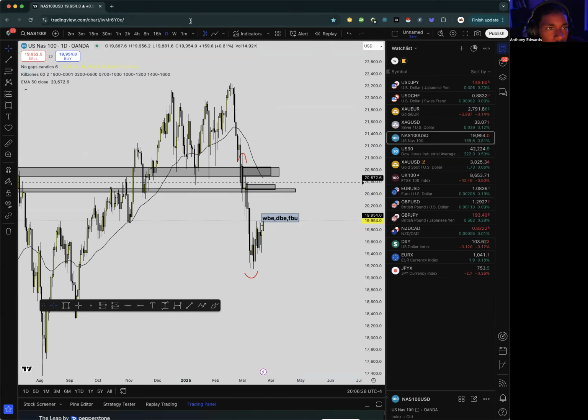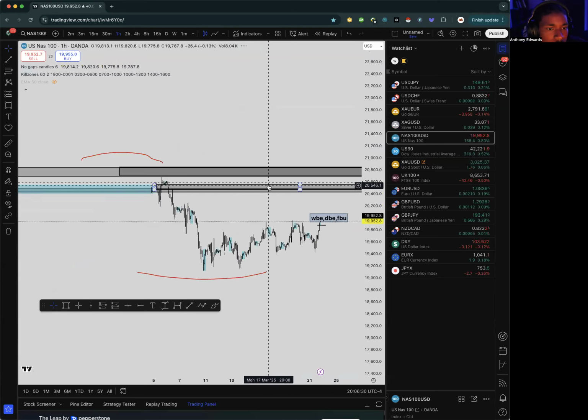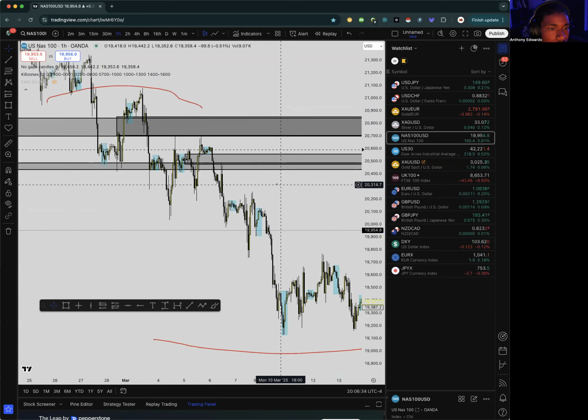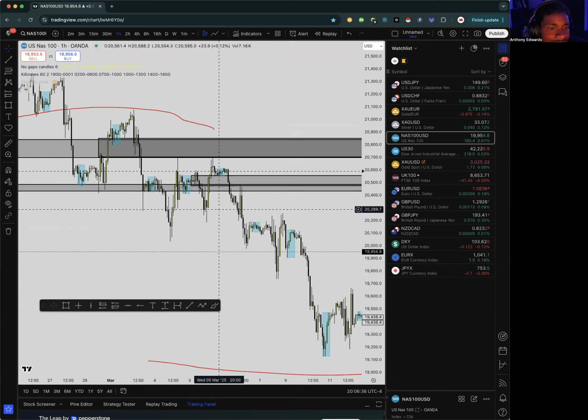So yeah, when it comes to targets, I could see price coming above mainly here. I'm not really too concerned about this area.